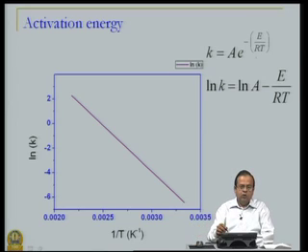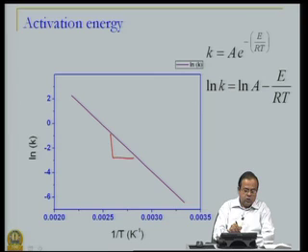If we mathematically look at the expression for K, K is A e raised to minus E by R T. So, ln K is ln A minus E by R T, and if we plot ln K versus 1 over T, the slope of the line gives us the activation energy. So, this slope is now nothing but minus E by R.